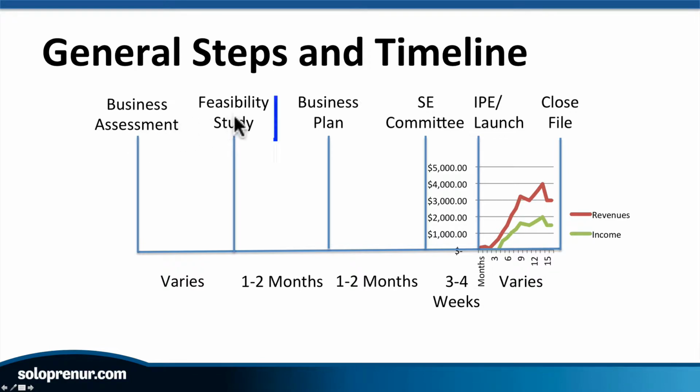The next step is a feasibility study, and this is typically where I actually receive a phone call or an email about a client that potentially is looking at self-employment. So this is really the first part of the process for me, but it's an additional step in the process for self-employment. And what this step is going to do is look at the viability of the business idea.